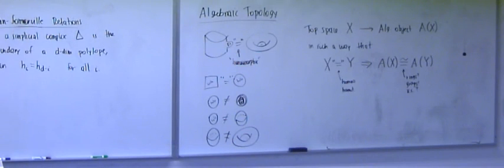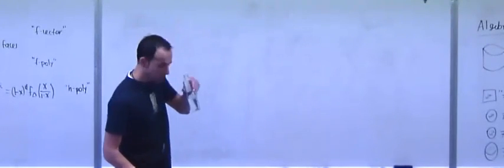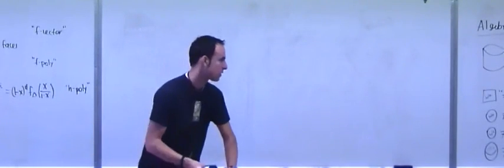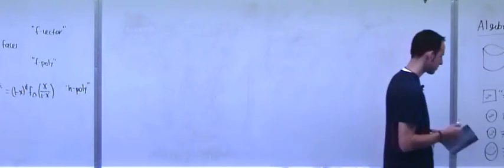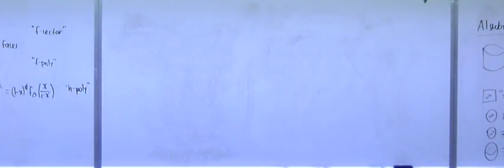Now, one thing that is very handy when you do these things, and we want to associate, for example, an algebraic object to a topological space.